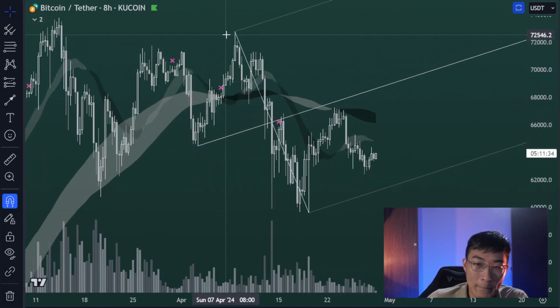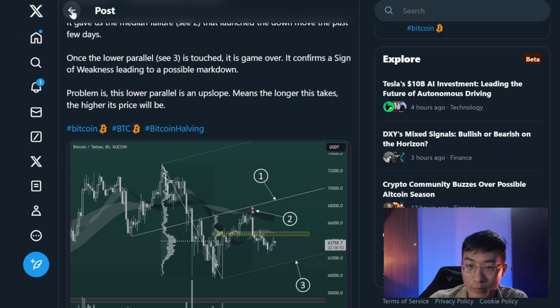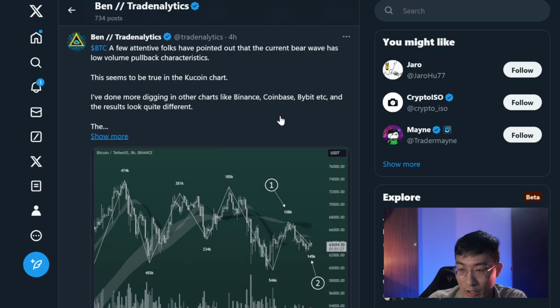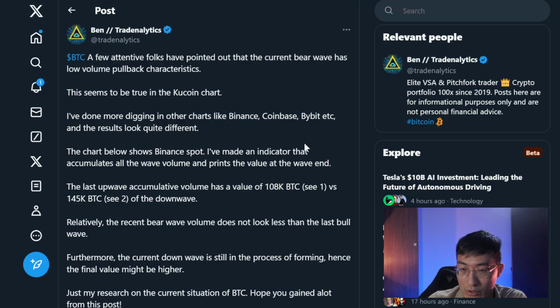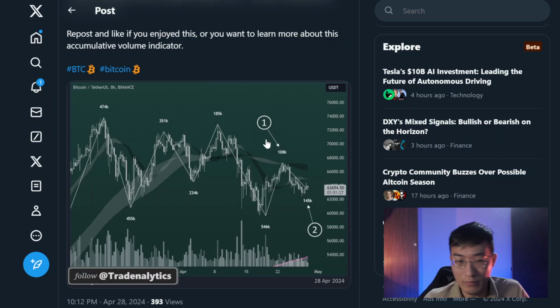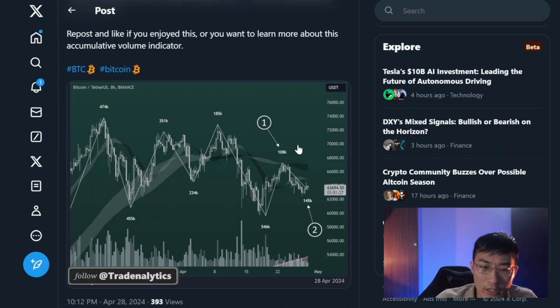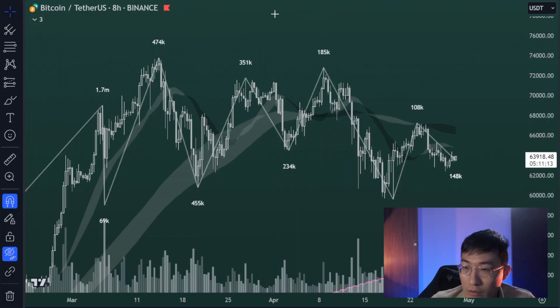The next thing I want to talk about is the wave volume of Bitcoin. Inside one of my posts on Twitter, this is the one, I explained that the bearish volume of Bitcoin has been quite high recently. So I put a chart again. I think this is the one.